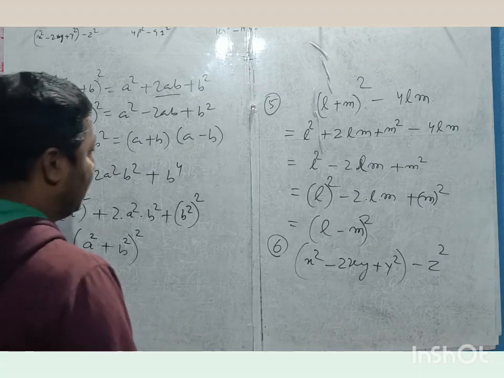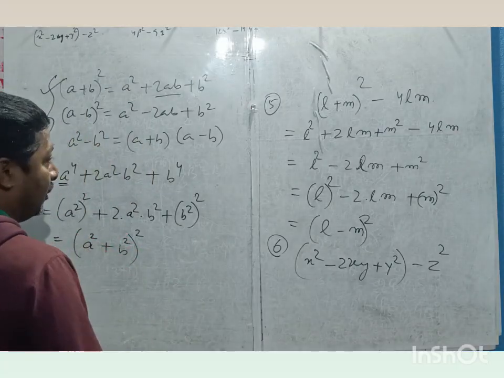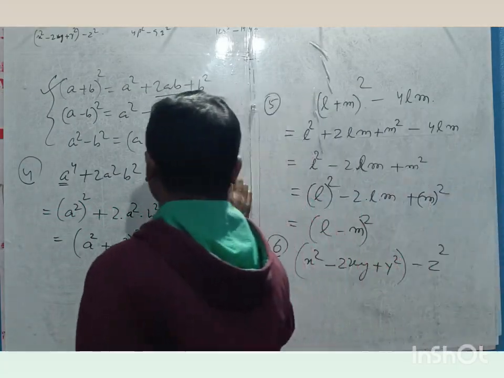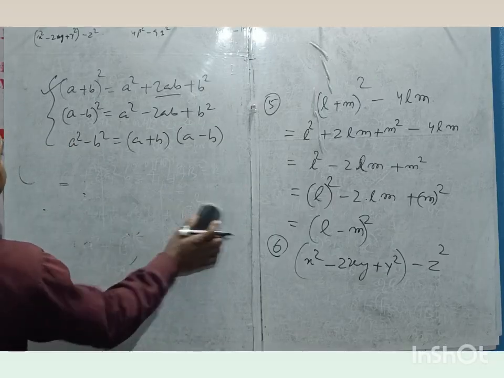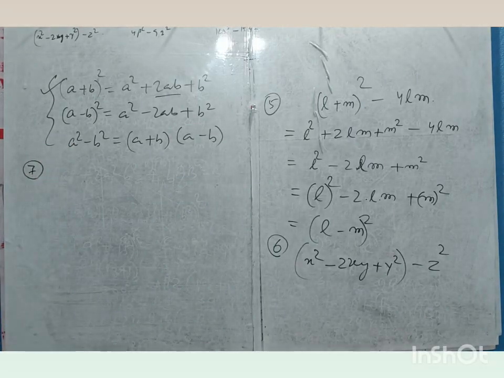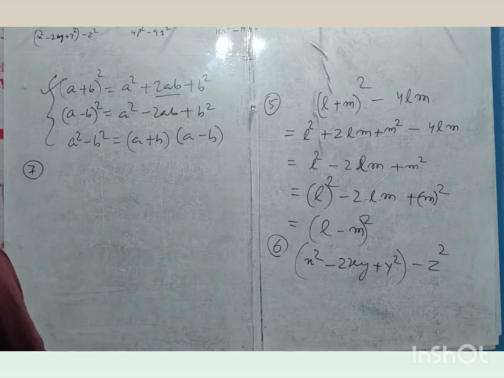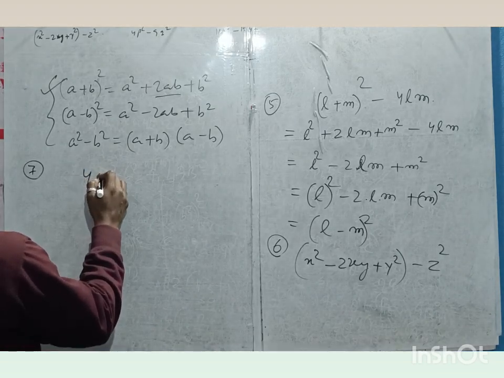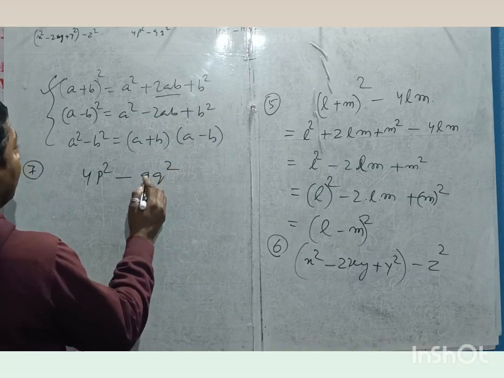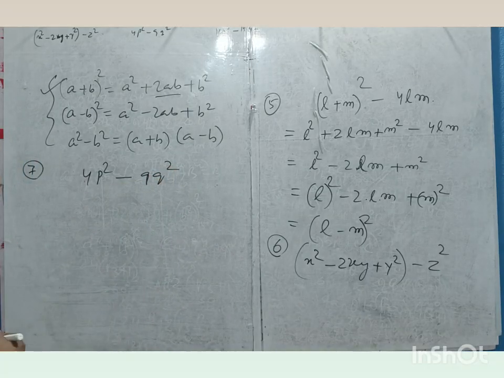It also looks like this. Let's go with a simple one first. Before solving this, let's solve a simpler one: 9p² − 4p² − 9q².